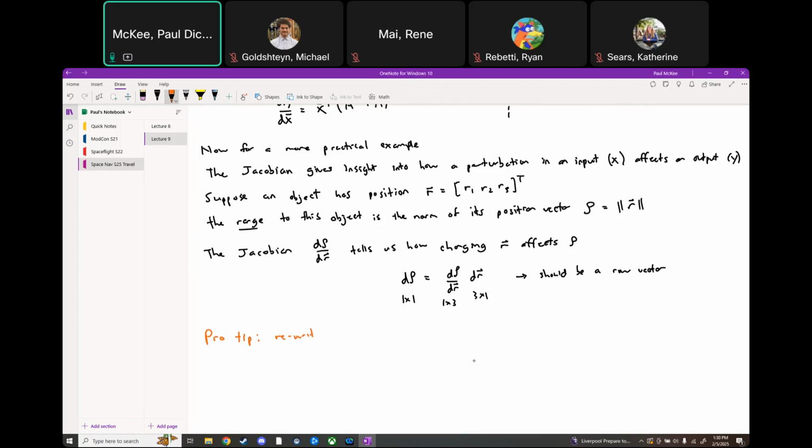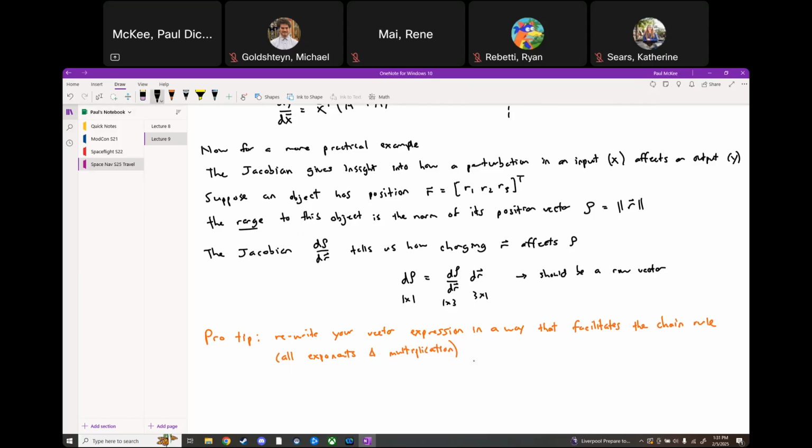Rewrite your vector expression in a way that facilitates the chain rule. And then in parentheses, all exponents and multiplication. That is going to save you so much heartache.